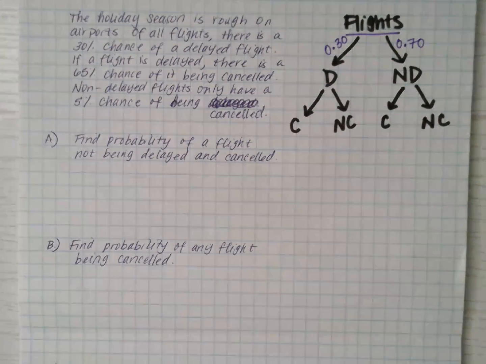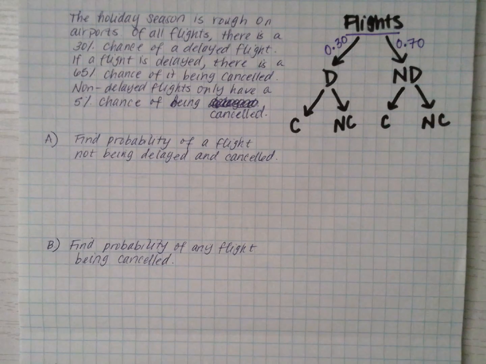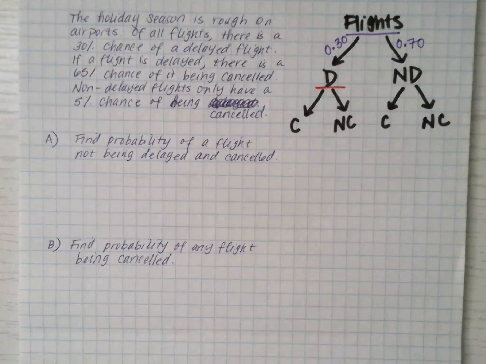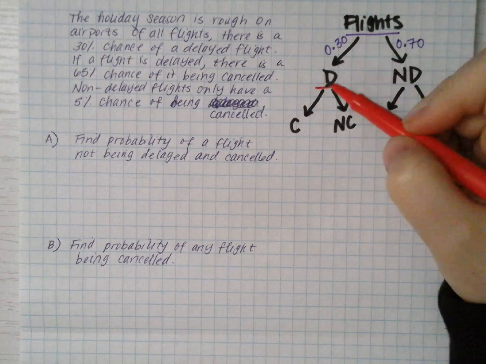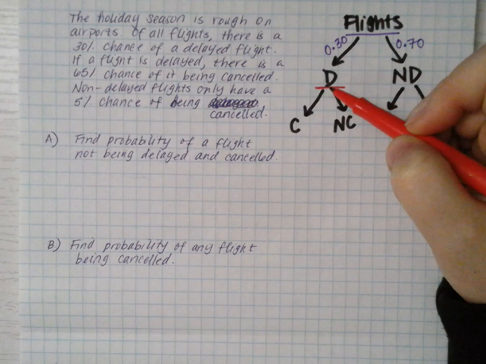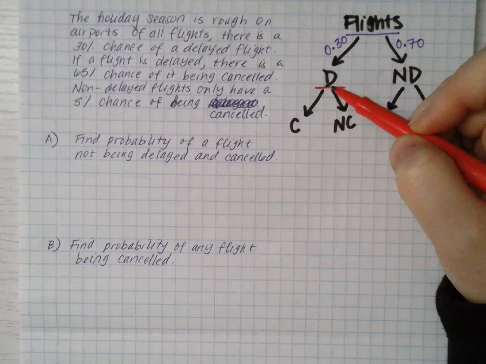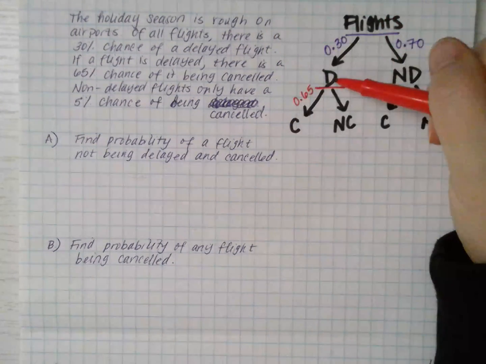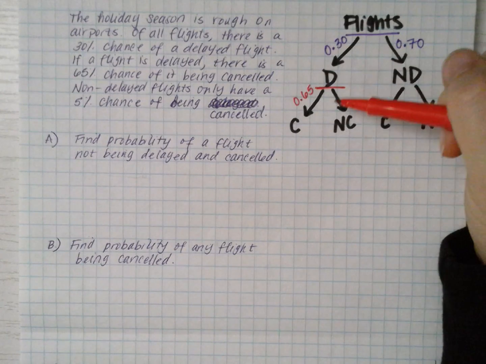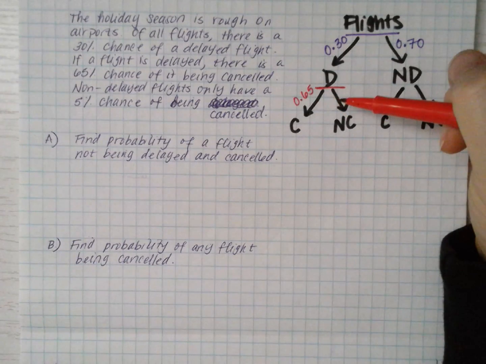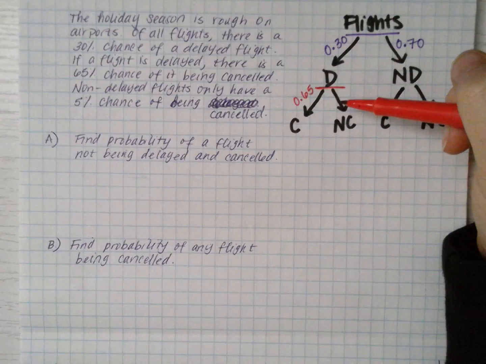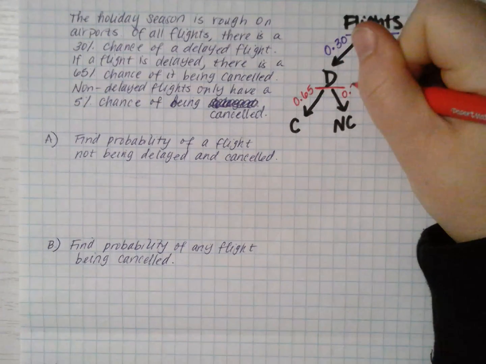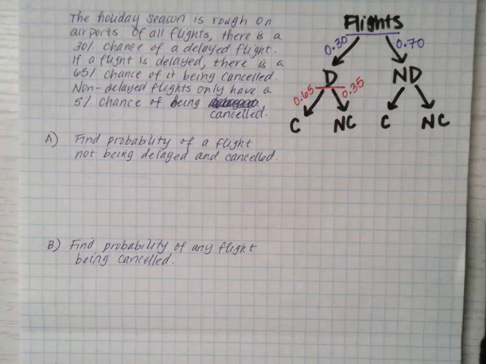I'm going to go ahead and change my color because now I'm going to be looking at the condition that a flight has been delayed. Of all the flights being delayed, a 65% chance of it being canceled. Again, branches of the same level should add up to 100%. 100% minus 65% gives me a 35%, which I'm going to write as a 0.35.